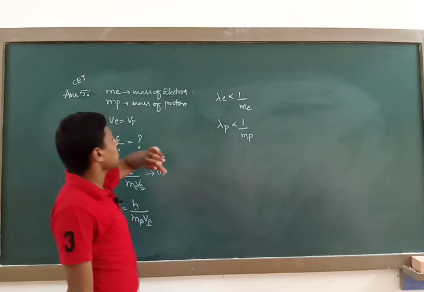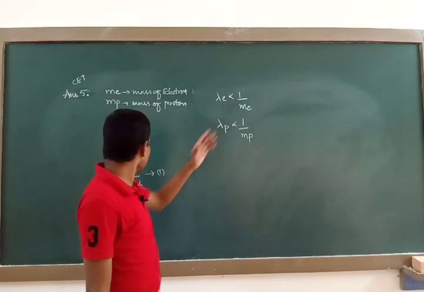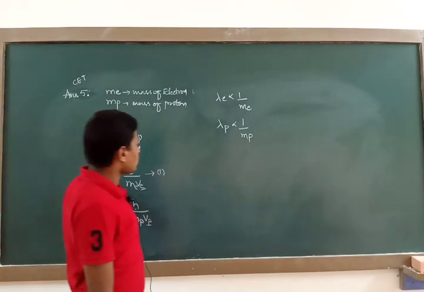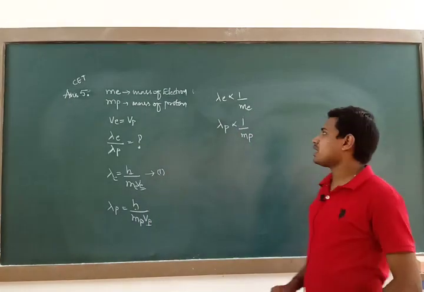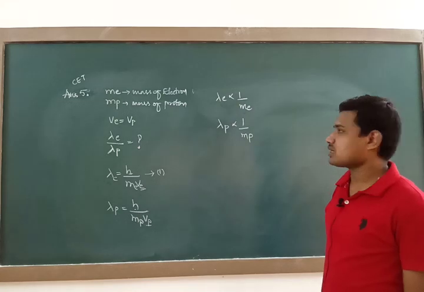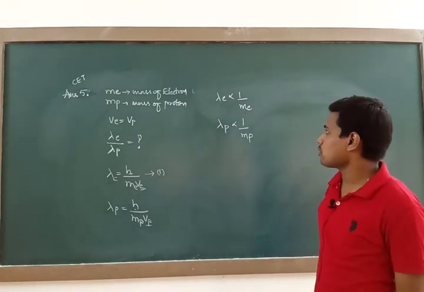And the wavelength will be larger for the electron, since they are talking about an electron and a proton. Yes, obviously this equation is for a material particle. So we know that a heavier mass particle has the shortest wavelength and a lighter mass particle has a higher wavelength, so the wavelength value will be more.